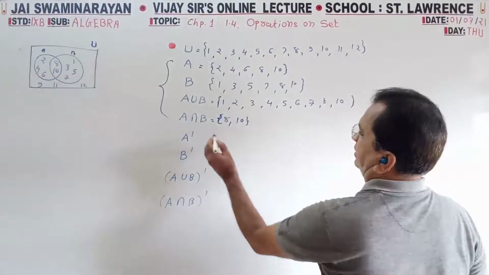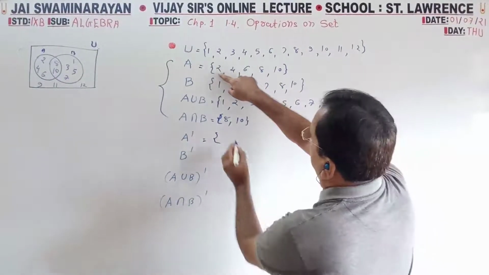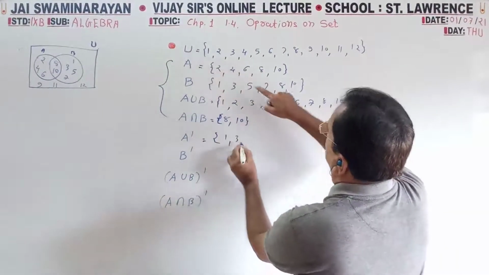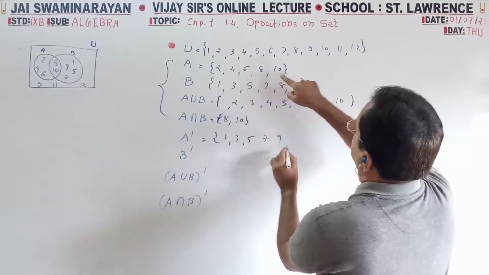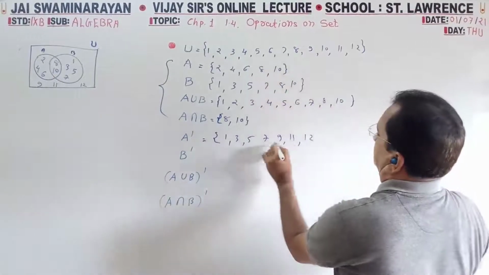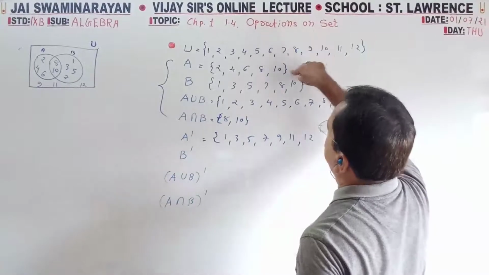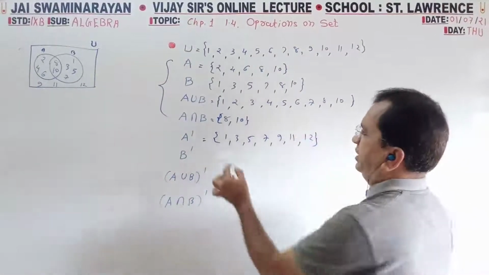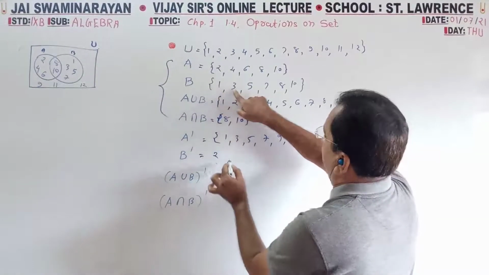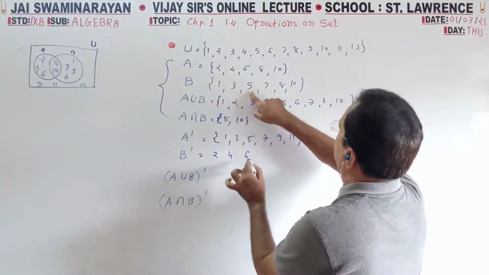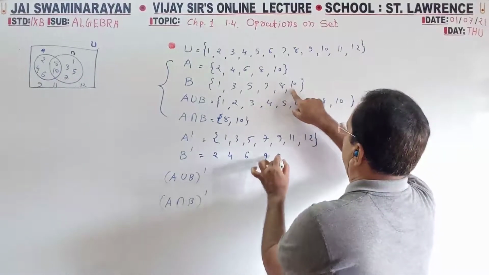A complement: 2 I don't want, so 1 is there, 2 not, 3, 4 not, 5, 6 not, 7, 8 not, 9, 10 not, 11, 12. Again B complement: 1 will not come, 2 will come, 3 will not come, 4 will come, 5 will not come, 6 will come, 7 will not come, 8 will not come, 9 will come, 10 will not come, 11, 12.